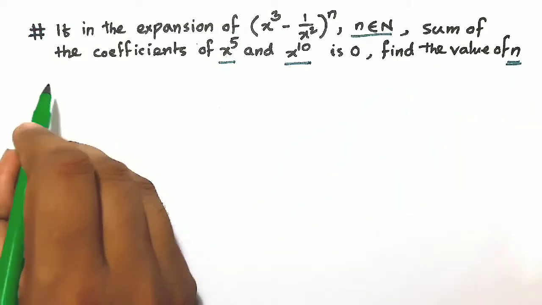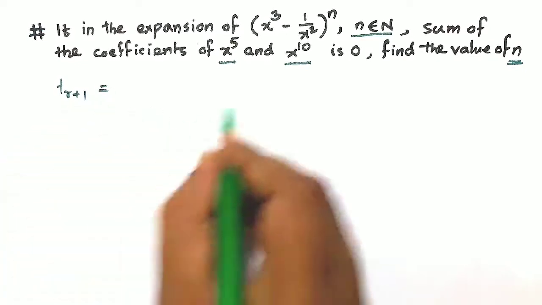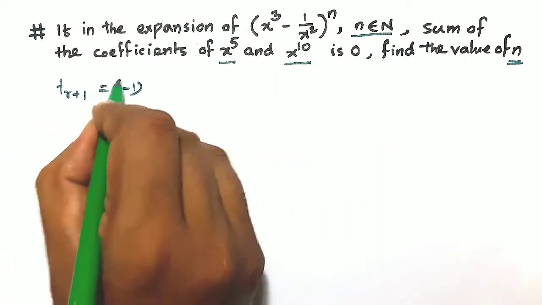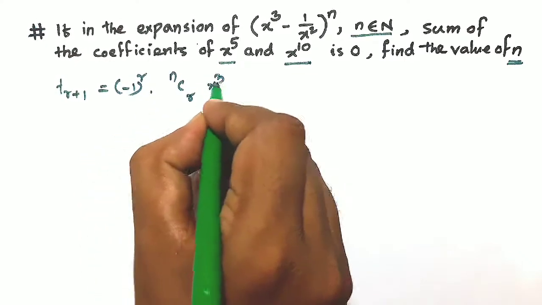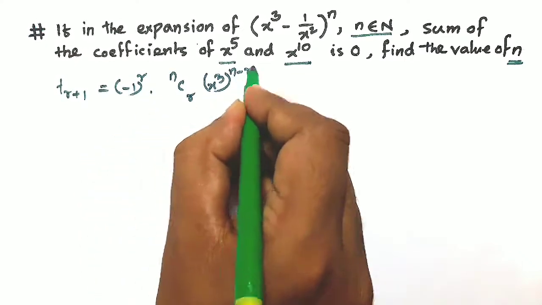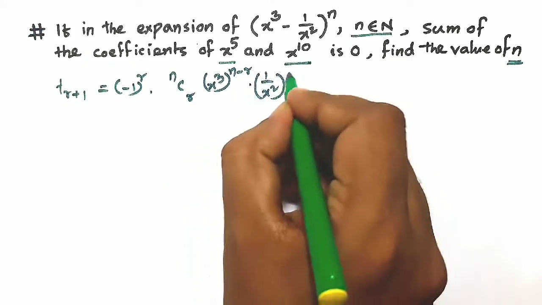So first of all, we find the general term T(r+1) is equal to (-1)^r into nCr (x^3)^(n-r) into (1/x^2)^r.